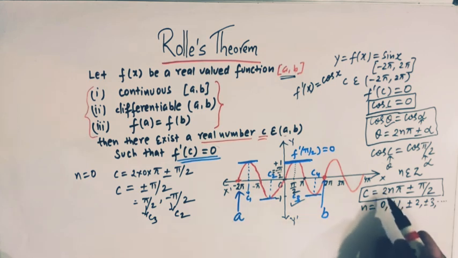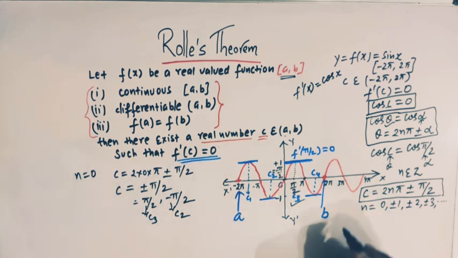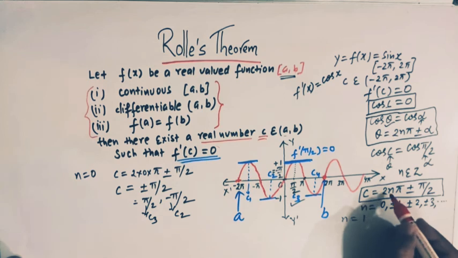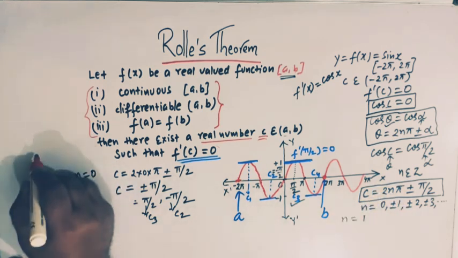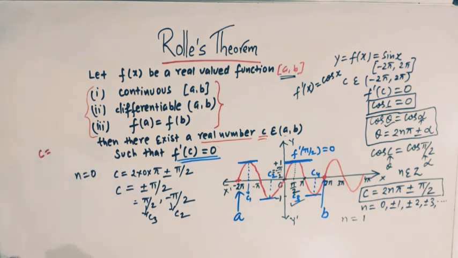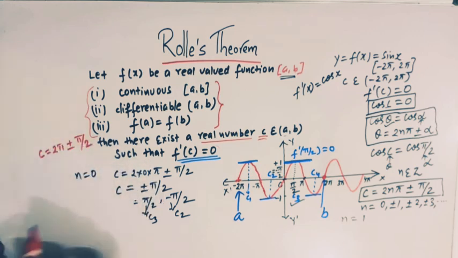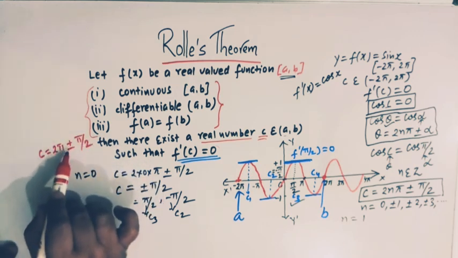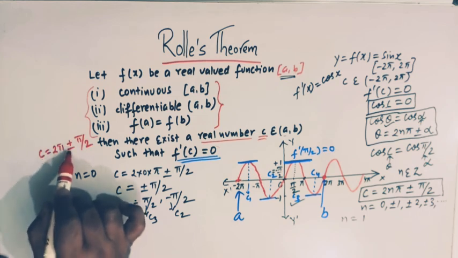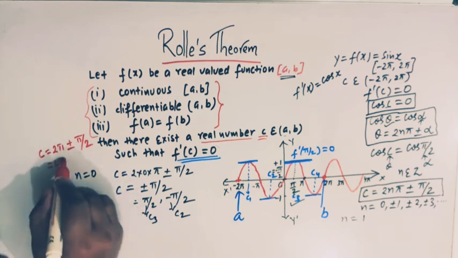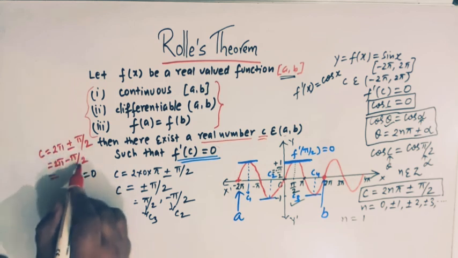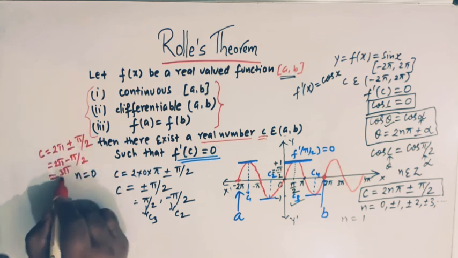Now let us substitute the value of n as say 1, right? So when n is equal to 1, then we have c is equal to 2 pi plus minus pi by 2. So we'll take only the negative sign here. So we have 2 pi minus pi by 2, which is 4 pi minus pi, that is 3 pi by 2.